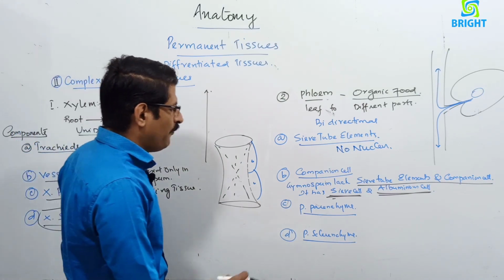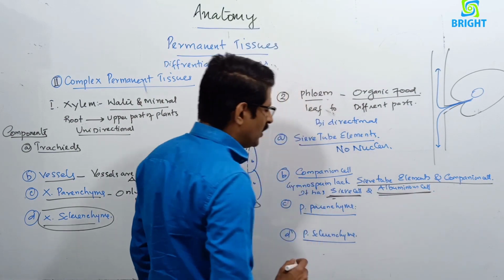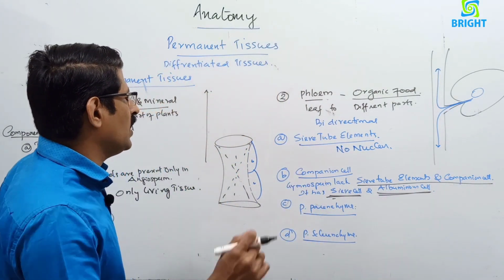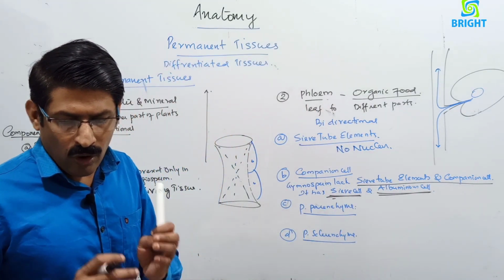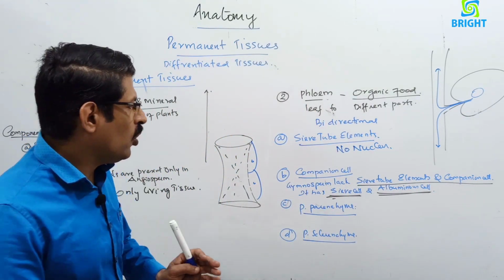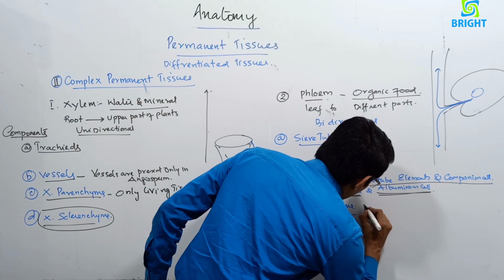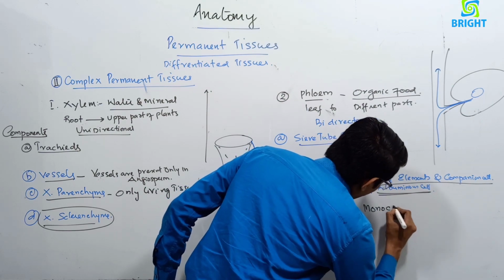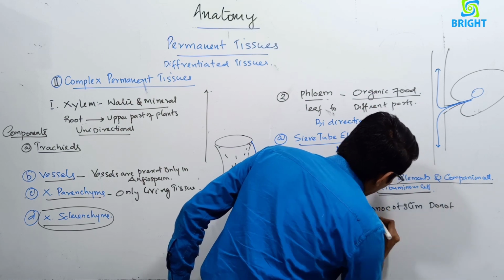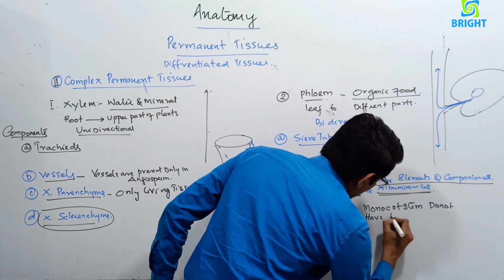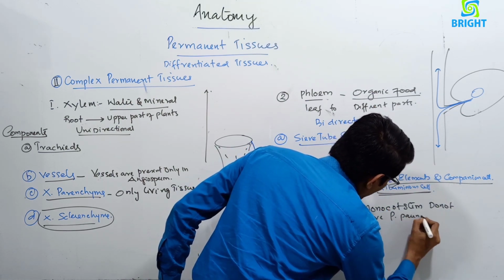And the next is phloem parenchyma. It is a parenchymatous tissue present along with phloem, and an important point is that the monocot stem does not have phloem parenchyma.